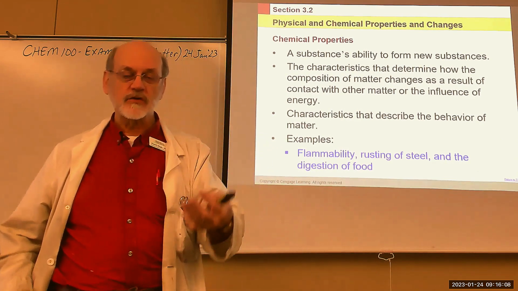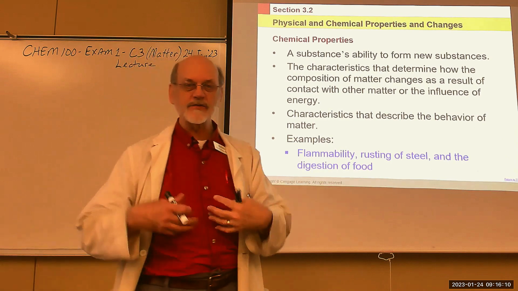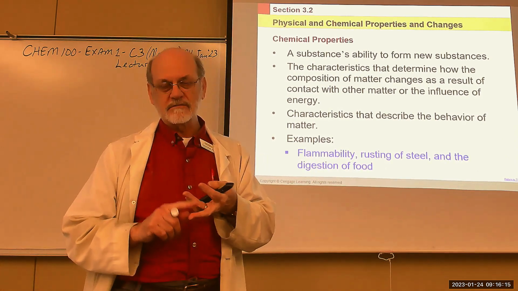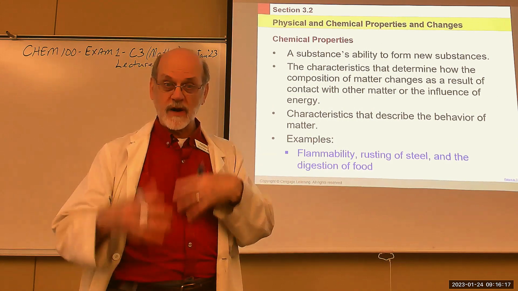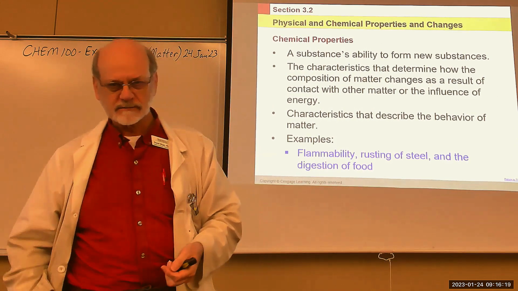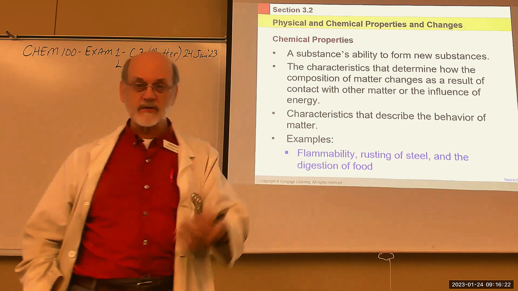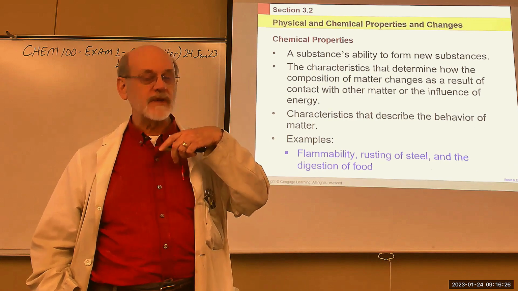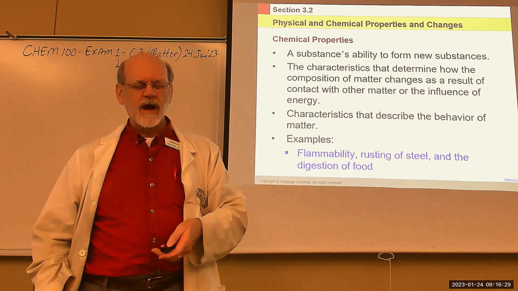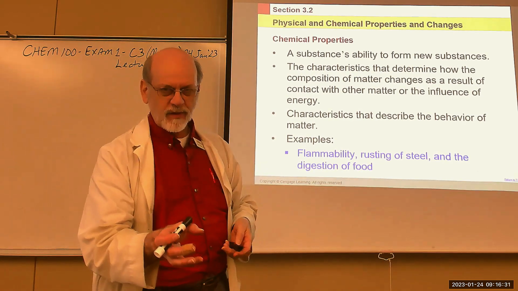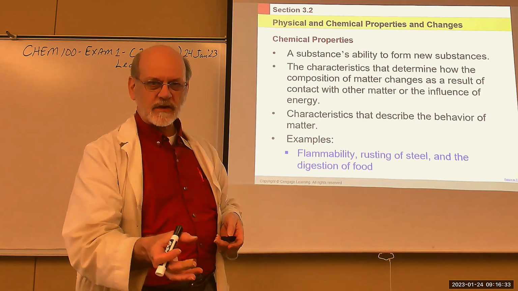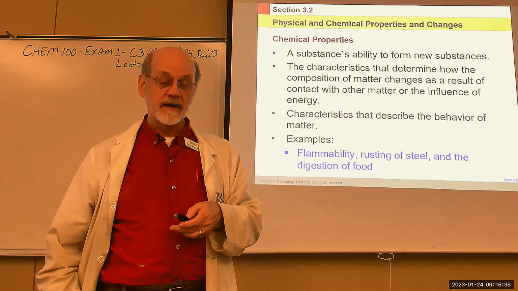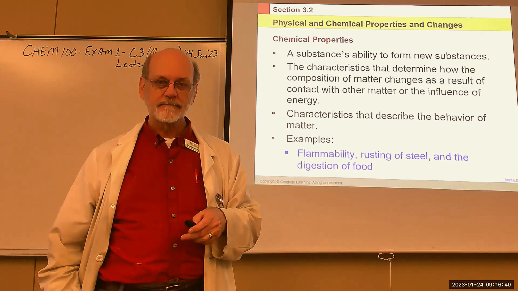It has the potential to be digested and provide us with energy, building materials, and other nutrient items that are needed for our metabolism. That's a potential, that's a chemical change. Chemical property. Our food, the food that sits on that table, has the potential to nourish us. That's a chemical property.